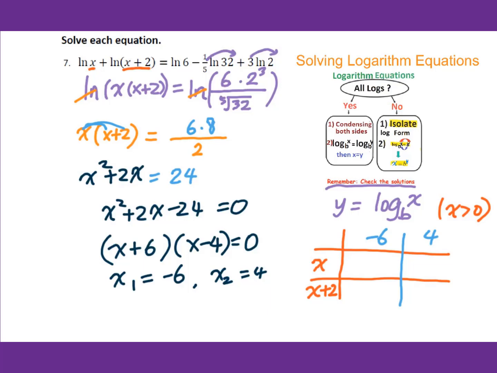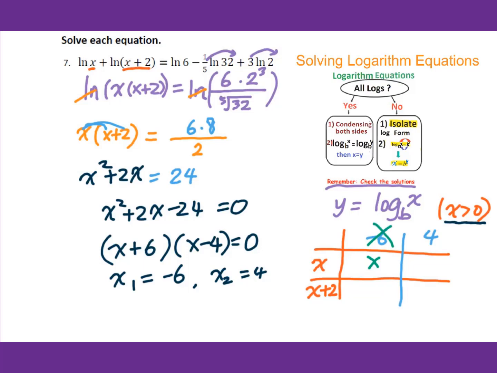We plug these solutions into the argument. Make sure it has to be greater than 0. If it's less than 0, then it's not your solution. So we plug negative 6 into x, it's negative. So we put a cross. That means negative 6 is not your solution.